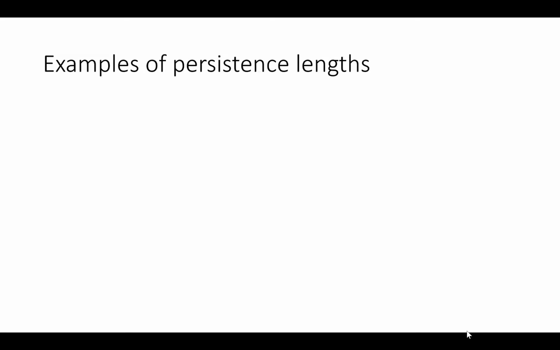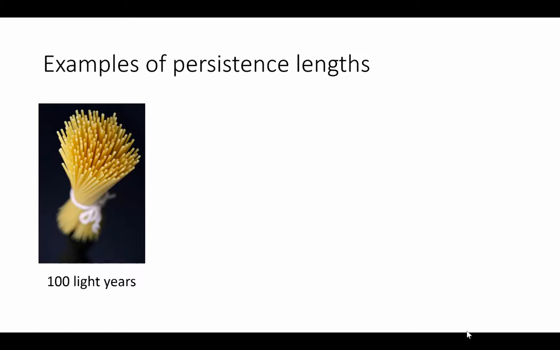Let's give a few examples of persistent lengths. According to Wikipedia, an uncooked spaghetti has a persistent length of 100 light years, meaning the thermal fluctuations do not bend it at all over typical distances.